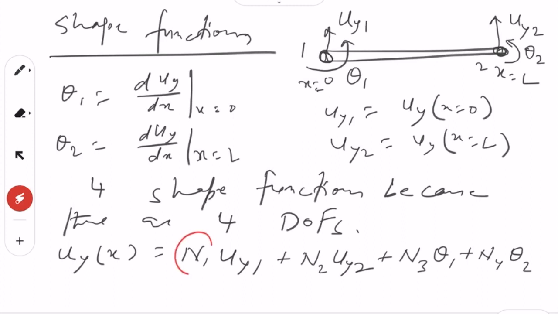There are 4 shape functions n1, n2, n3, n4, and we write u like this.